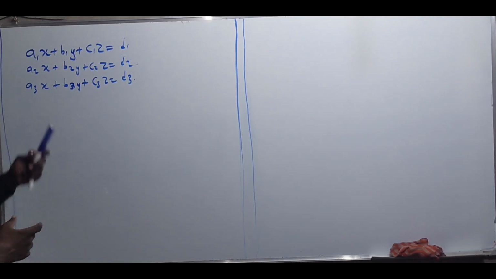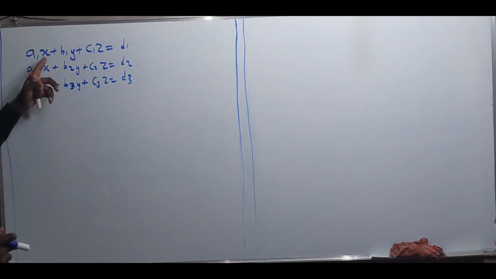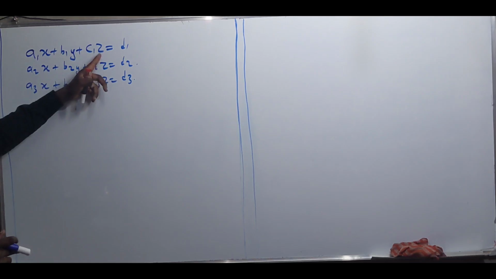By Cramer's rule, first you are supposed to come up with an augmented matrix. How do you come up with an augmented matrix? You just get the coefficients of the variables x, y, as well as z.